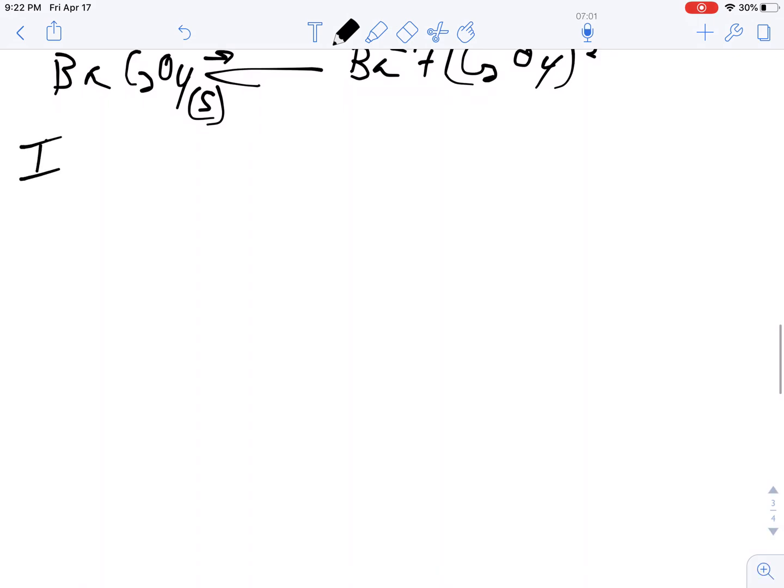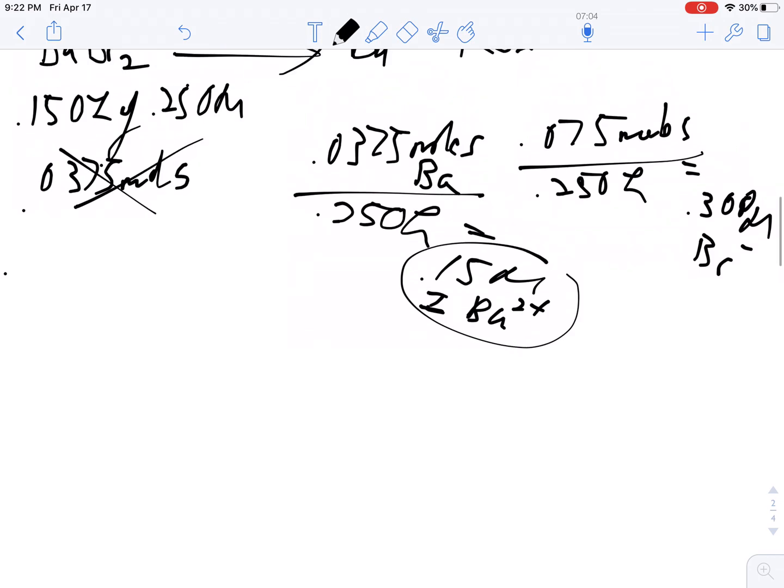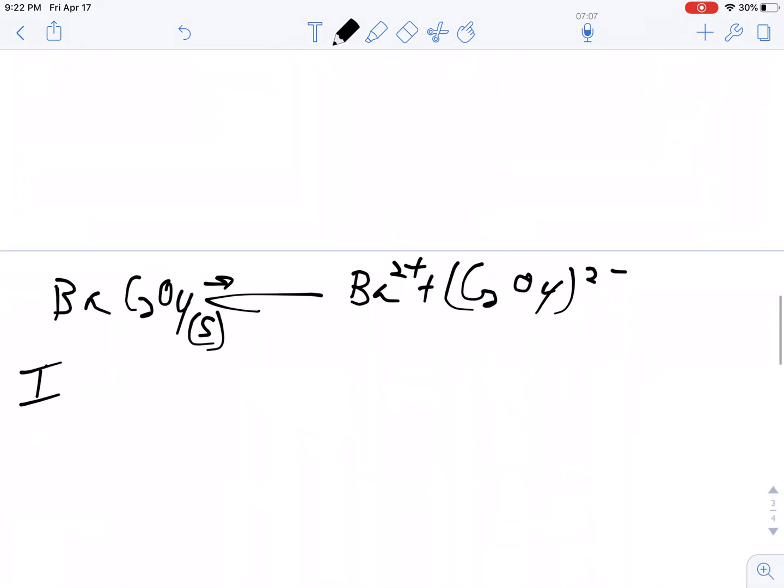We know the initial concentrations of these. If we go back and look, 0.15 molar for the barium and 0.080 molar for the oxalate.